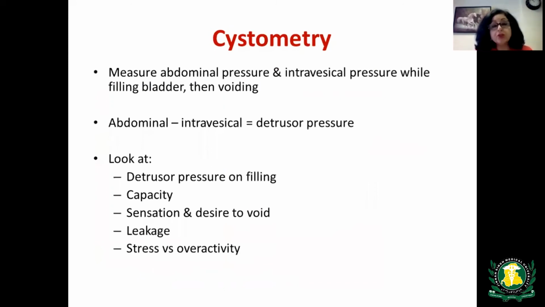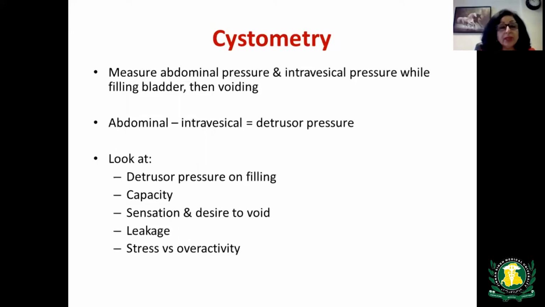So in cystometry, what we do is measure the abdominal and intravesical pressure while the bladder is artificially filled. During the filling, we ask women to try and cough or sneeze to see if there is any leakage, and then ask them when they get the first desire to void.